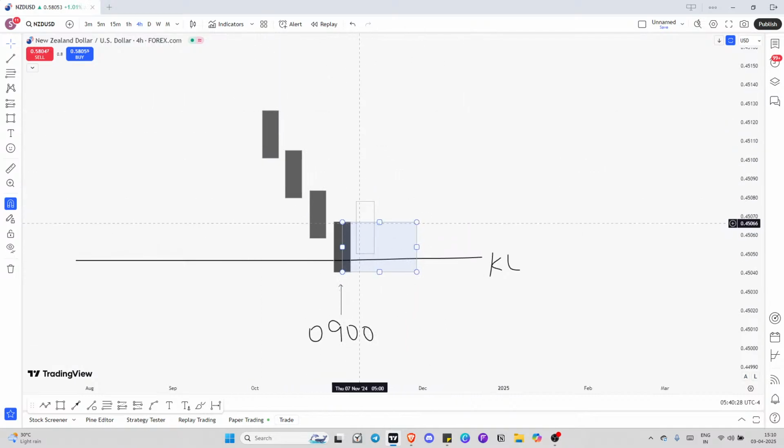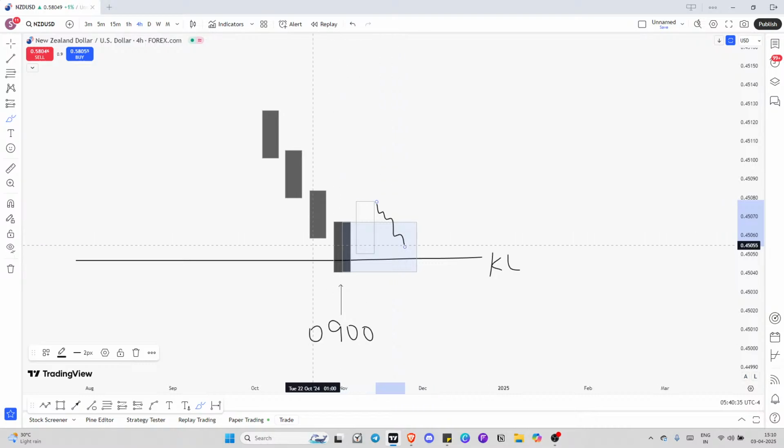Price breaks it and comes back down here, taps in this area, and we look for another order block inside this area, which showed us that there is significant buying by the market makers.